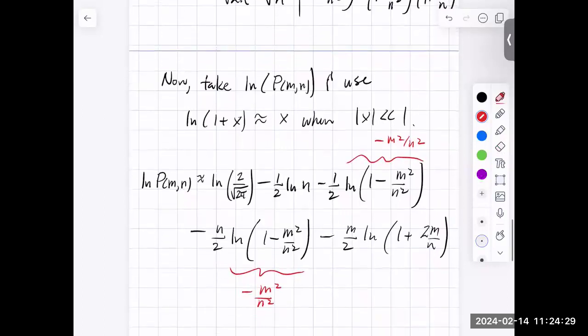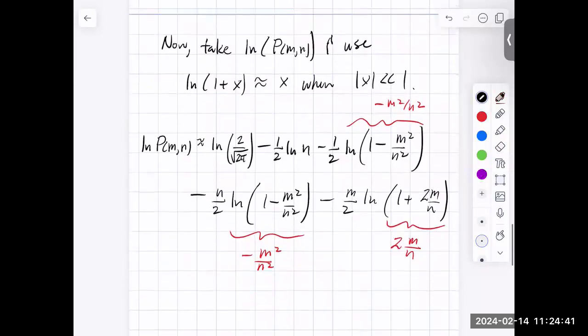And then this one is going to be 2m over n. Let's see what this all boils down to. The ln of our probability is approximately ln of 2 over root 2 pi. That hasn't changed.